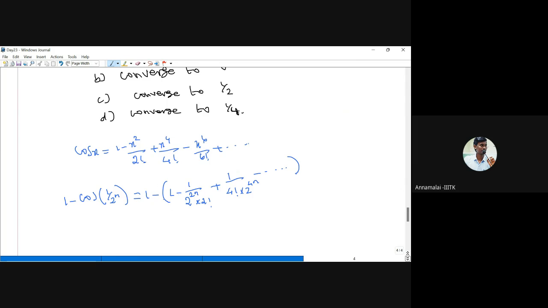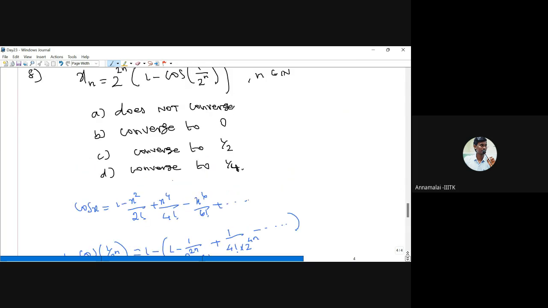Now, if you multiply the minus inside, this 1 cancels, we get 1 by 2 factorial times 2 power 2n plus 1 by 4 factorial times 2 power 4n minus and so on. So this is 1 minus cos of 1 by 2 power n.